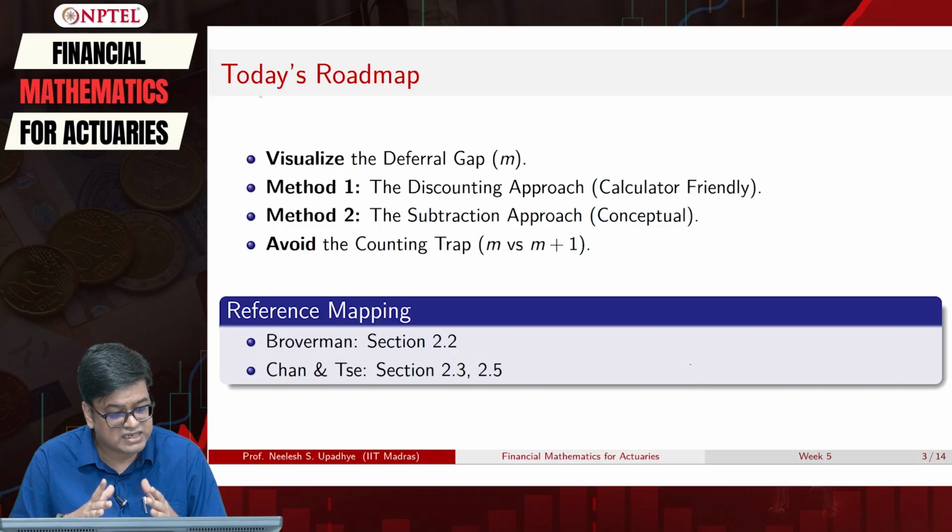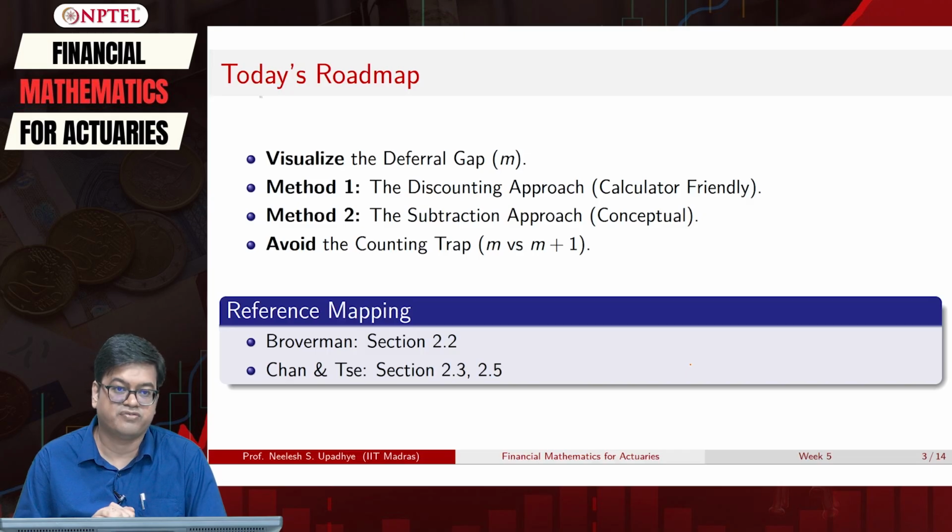We will understand that trap explicitly and then solve it, so that you will never commit any such error in your exams. As usual, the reference mapping is Broverman section 2.2, Chan and Saywell sections 2.3 and 5.